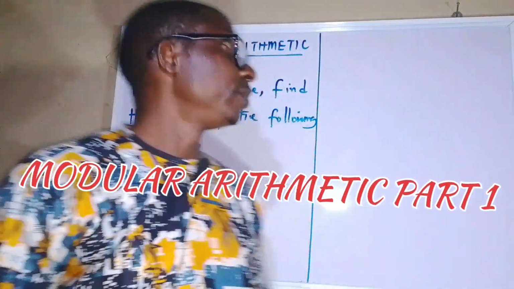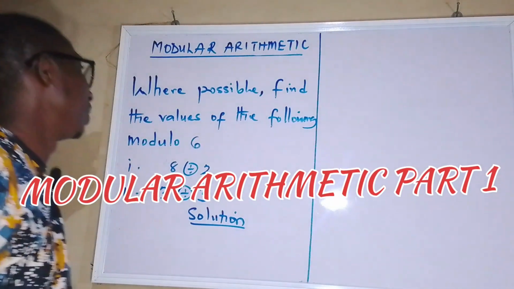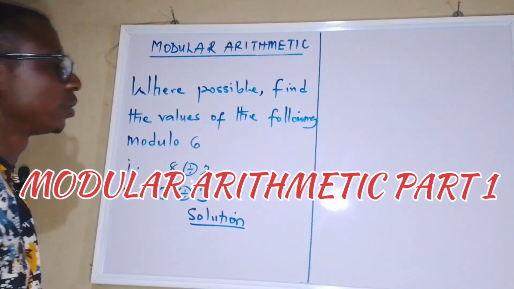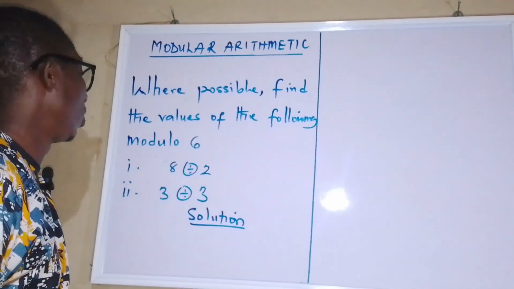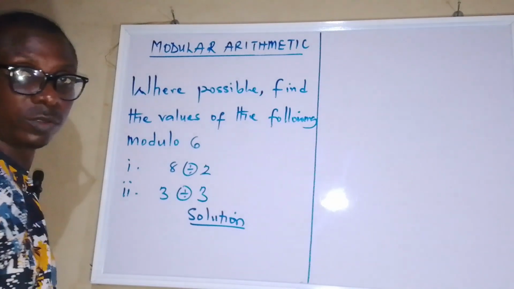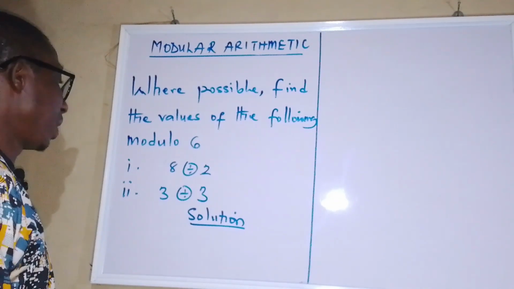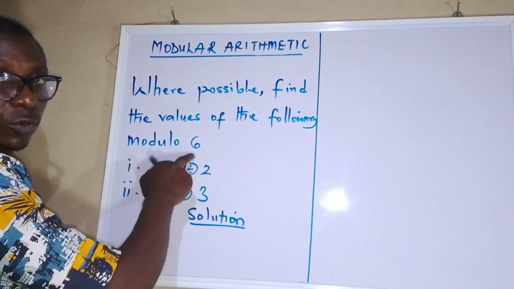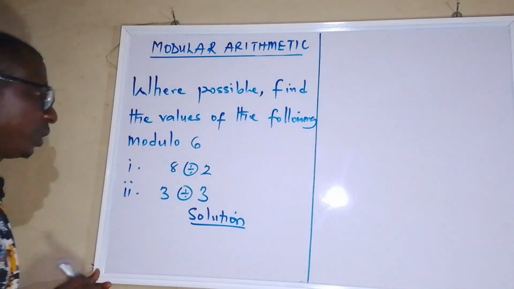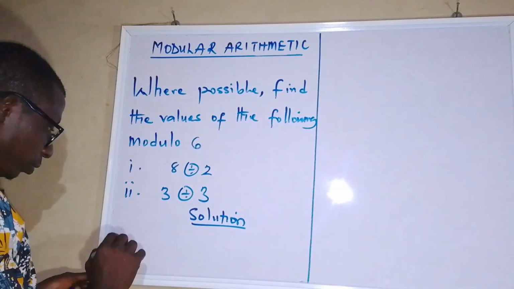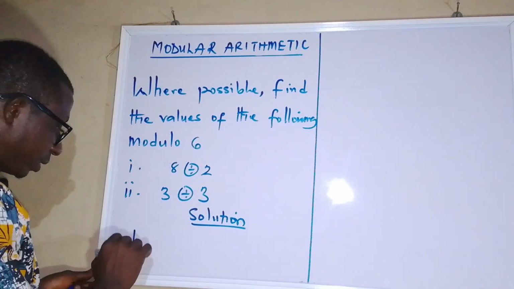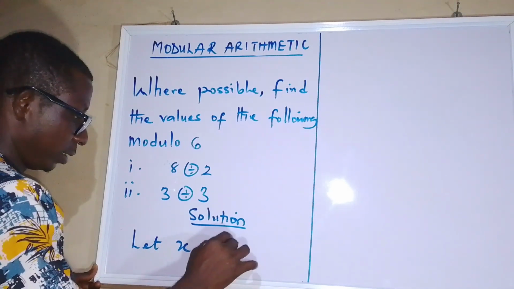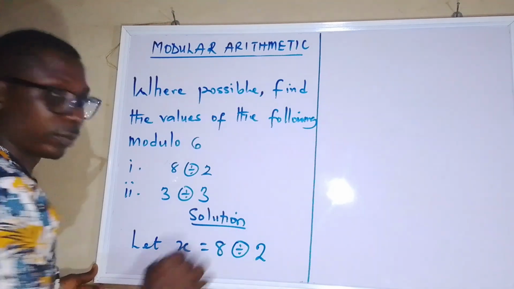Let's solve this problem under modular arithmetic. The question says, where possible, find the values of the following modulo 6. So we have 8 divided by 2 in modulo 6. To do this, the first thing you do is make an assumption by saying let x equal 8 divided by 2.